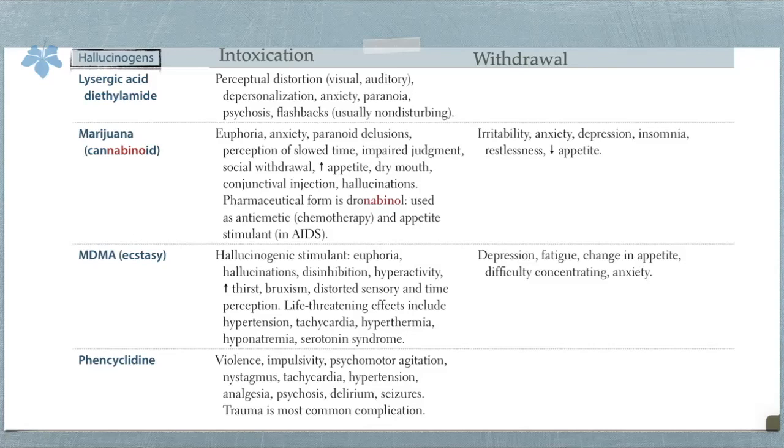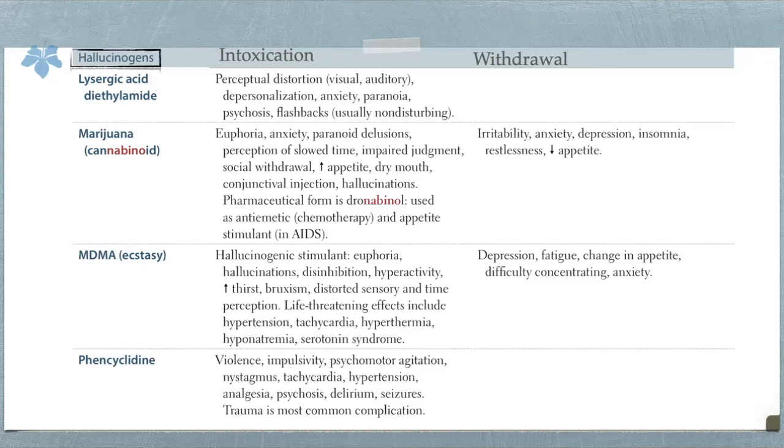So here they call it a hallucinogenic stimulant, causing euphoria, hallucination, disinhibition, hyperactivity, increased thirst, and a characteristic symptom, bruxism, or teeth grinding, and distorted sensory and time perception.